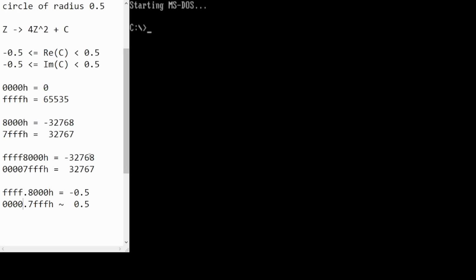So if you want to do a conversion between these integers and these fractional values, you just divide by 65,536, which is exactly what happens when you shift the binary point by 4 places in hexadecimal. So these are the values that we can use to represent our fractional values.